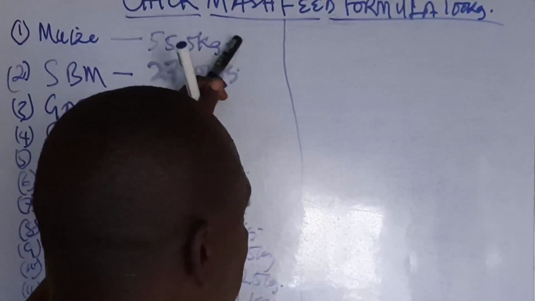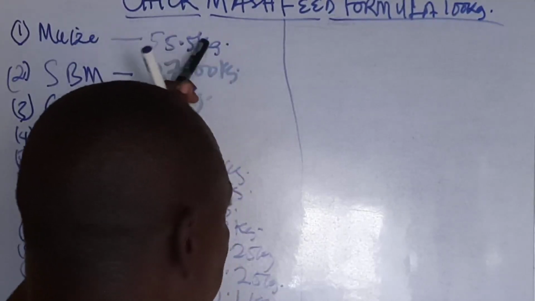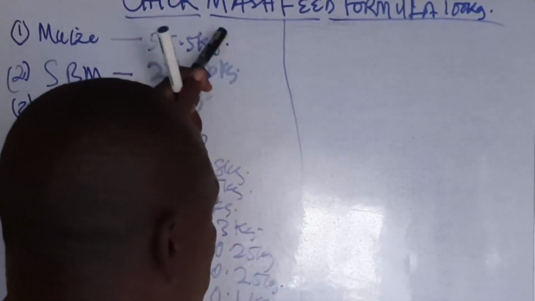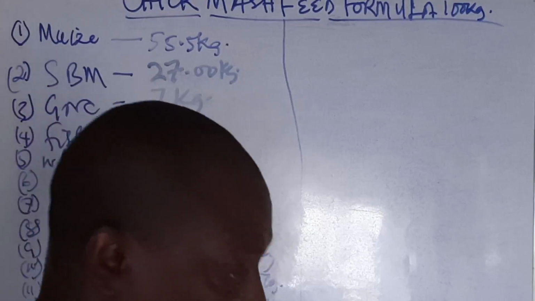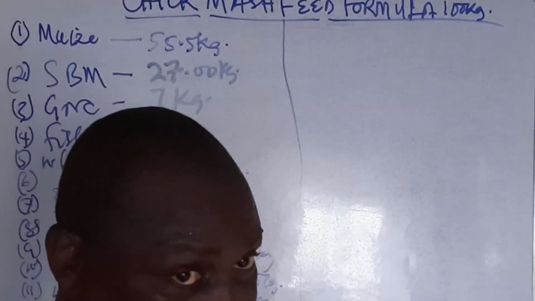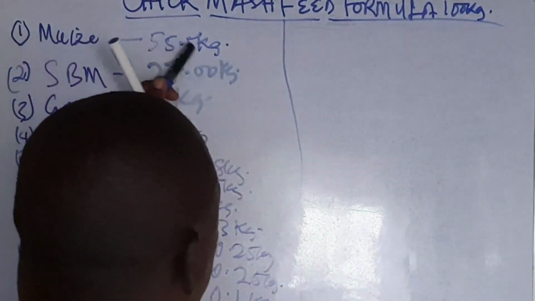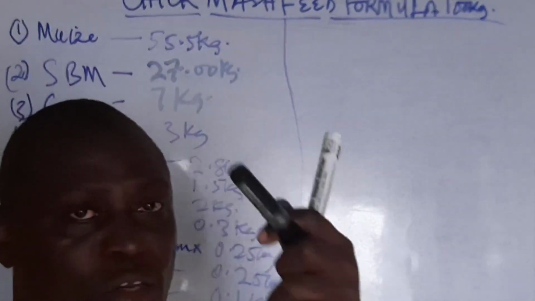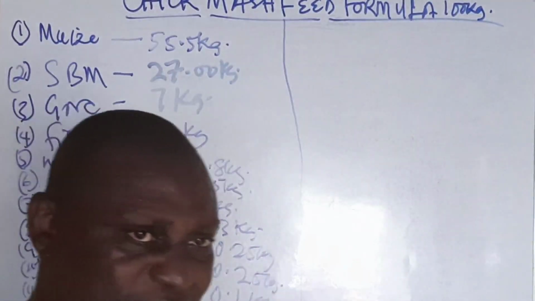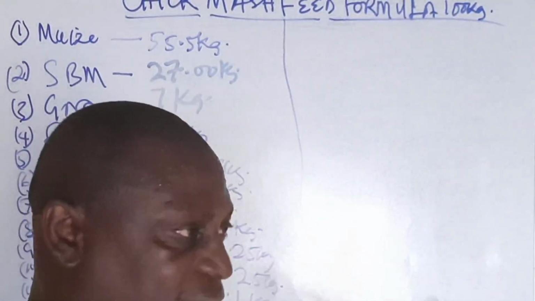When you get the total inclusion rate of this feed, you multiply it by the nutritional composition and divide it by 100. Total inclusion rate you have here, that's the quantity, times the natural nutritional composition of that particular ingredient.